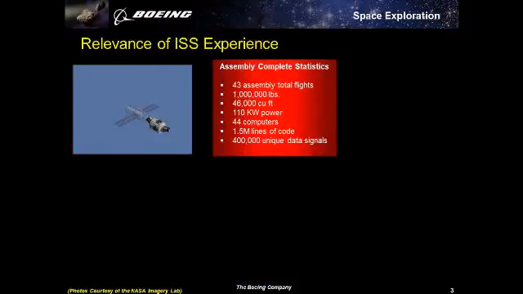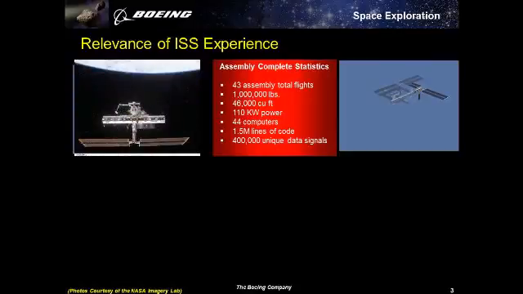So, you may be asking yourselves, why is the space station assembly relevant to the capture of an asteroid? As we celebrated the 50th anniversary of the space station on November 20th, just yesterday, we are reminded of the magnificent accomplishment.